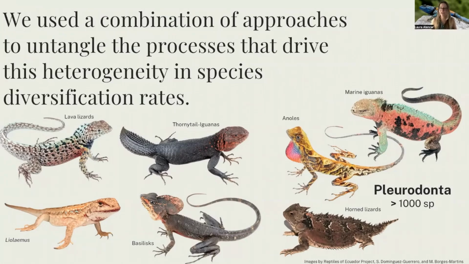Specifically, here we focus on the diversification dynamics of the Pleurodonta lizards, which represent a large radiation of lizards mostly from the Western Hemisphere. Some of its members, for example, are the famous anoles, the iguanas, the very cute horned lizards, and, for example, the predominantly Andean genus Liolaemus, which is going to be very important in this talk.